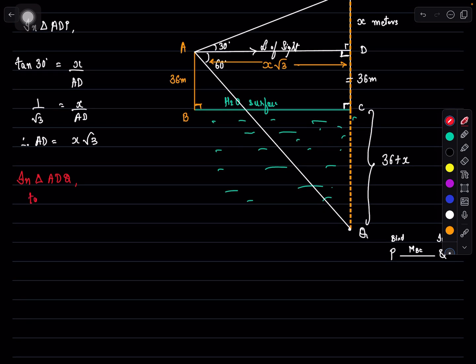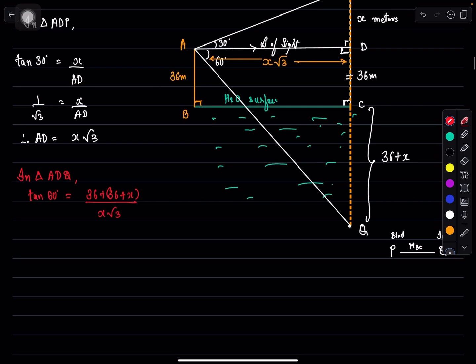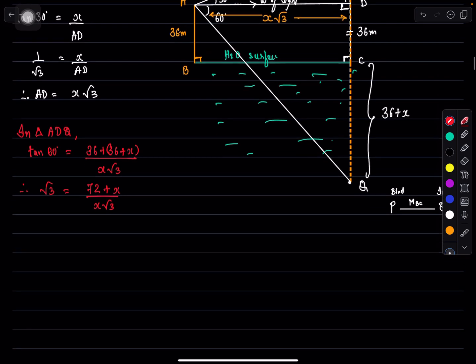Tan of 60 degrees is opposite, which is 36 plus x, over AD, which is x root 3. And since tan 60 is root 3, therefore root 3 is 72 plus x over x root 3.